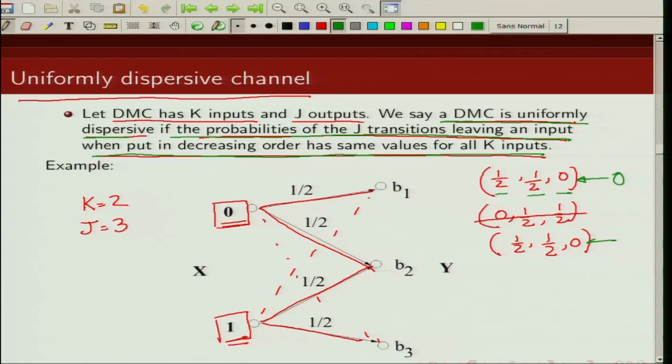When I did the same thing for input 1, I got half, half and 0. Note this is the same. So, when I arrange these transition probabilities in descending order, it is the same whether I consider input 0 or input 1, and that is what my definition says. So, this is an example of a uniformly dispersive channel.